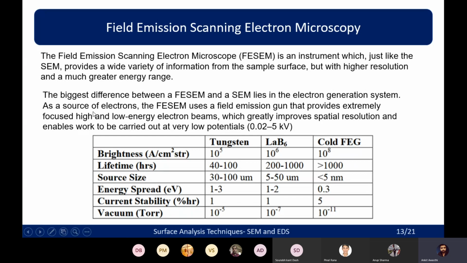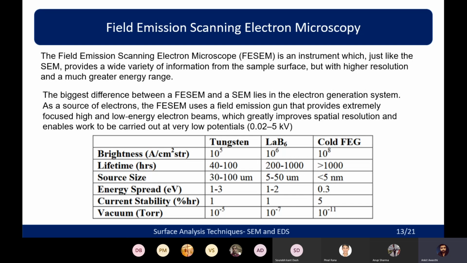In the normal SEM, we get the electrons just by heating the tungsten filament or the lanthanum hexaboride filament. But in this FEG SEM, we get the electron beam using a field emission gun. So what actually happens with this FEG SEM is we get extremely highly focused, low energy electron beams.